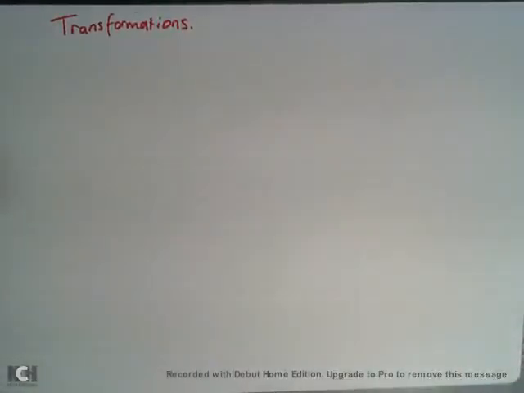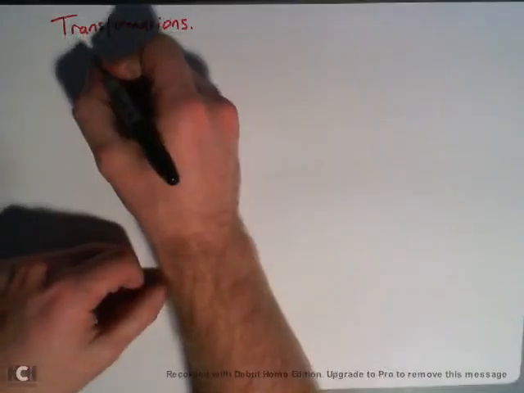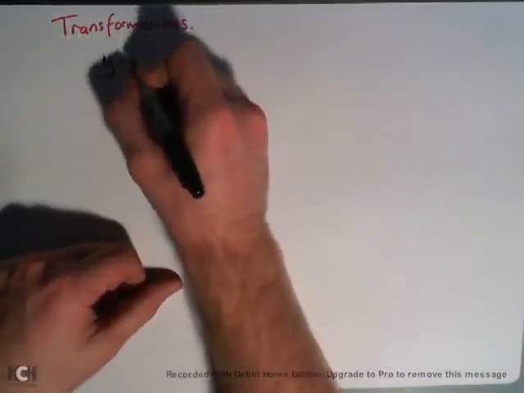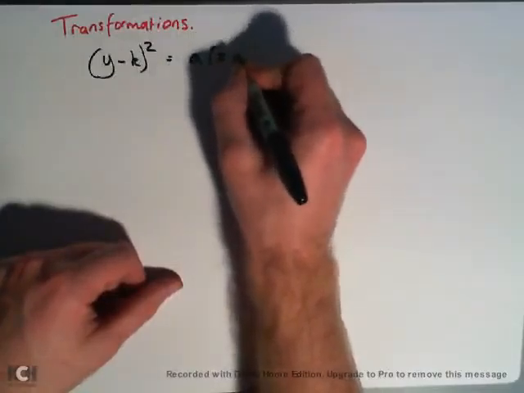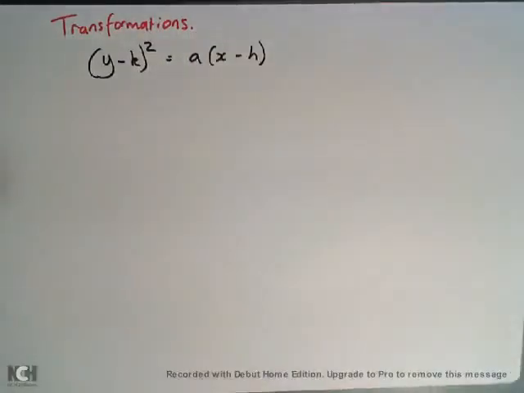So just having a look at transformations. Now I'm going to have the general equation (y - k) squared equals a(x - h).